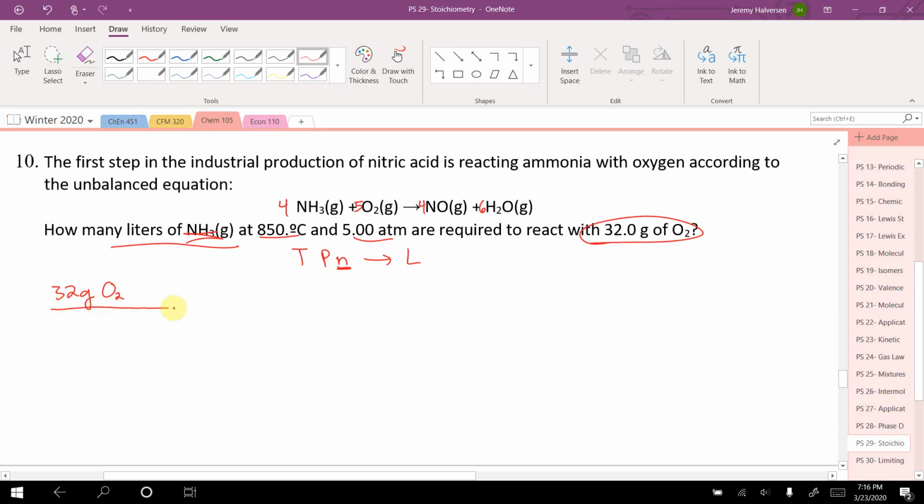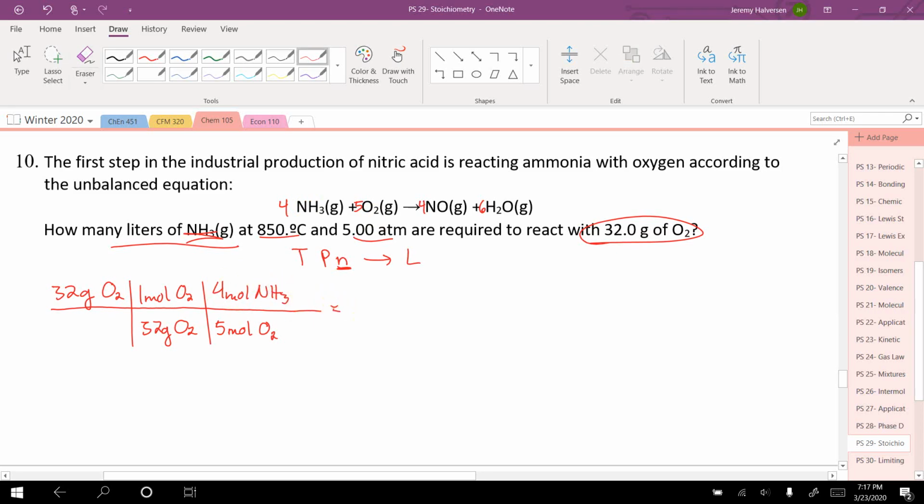So we got 32 grams of oxygen. I'm trying to get moles of NH3. If I want to use this equation to get from oxygen to NH3, I need to get to moles of oxygen. I know one mole of oxygen weighs 32 grams. And the equation tells me if I want to react 5 moles of oxygen, I'm going to need 4 moles of NH3.